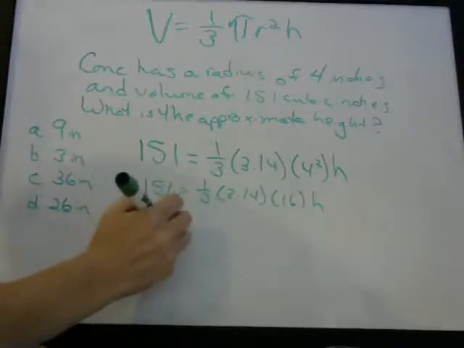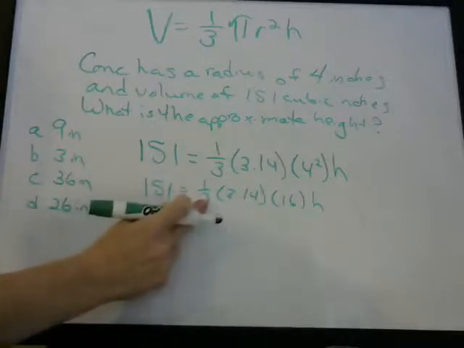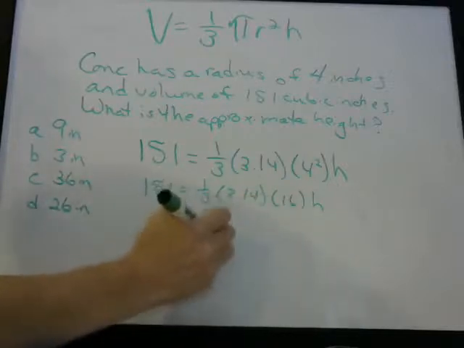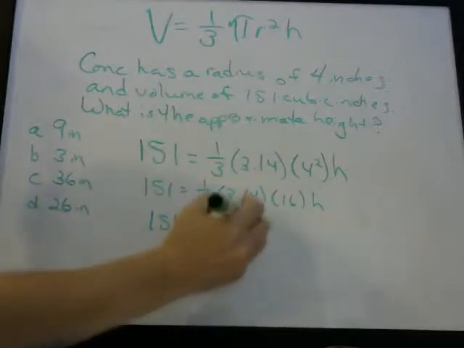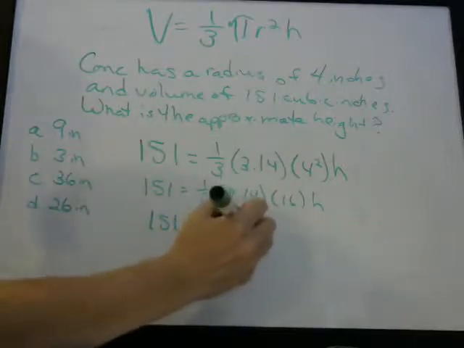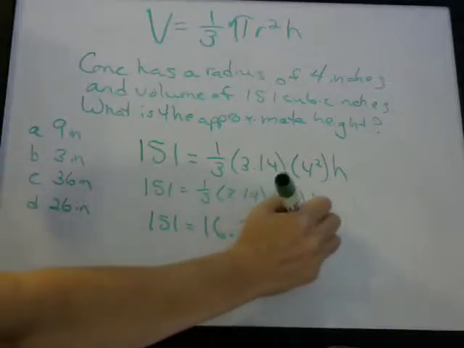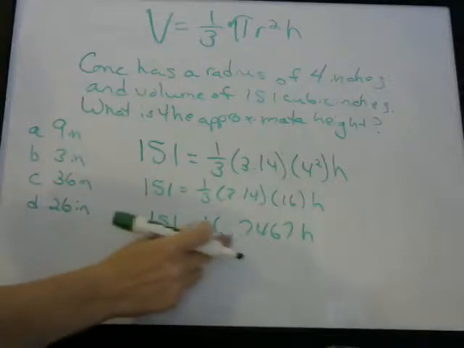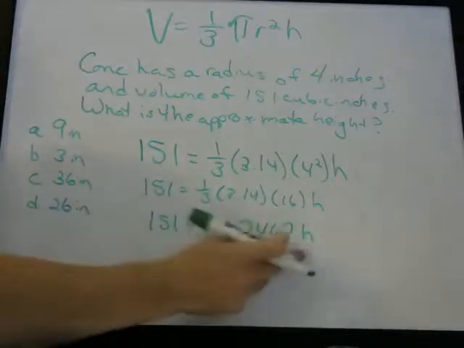So we have 151 equals, and if you plug that into your calculator, 1/3 times 3.14 times 16, you're going to get a long number, but remember we're looking for approximate, so you can round it off, we'll say to 4 decimal places. So you get 151 equals 16.7467 times height. How do we solve for height?